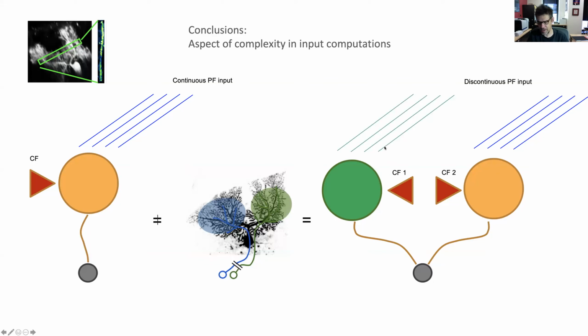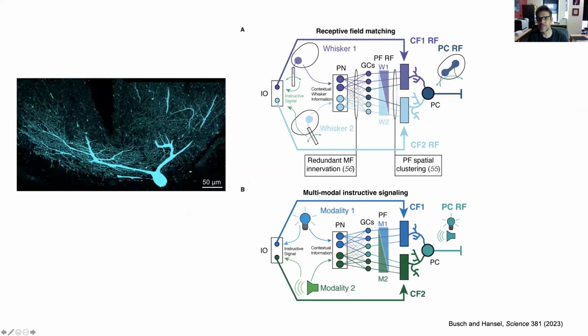So it's receptive field matching: two separate parallel fiber inputs coming in here, and you just need two different climbing fiber inputs. So here's an example from the human cells.